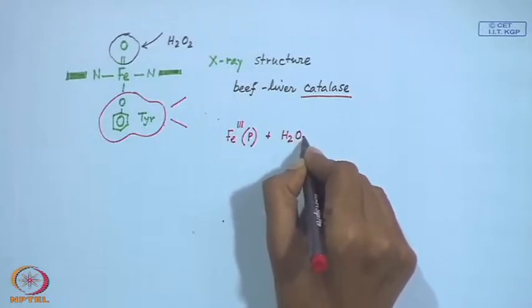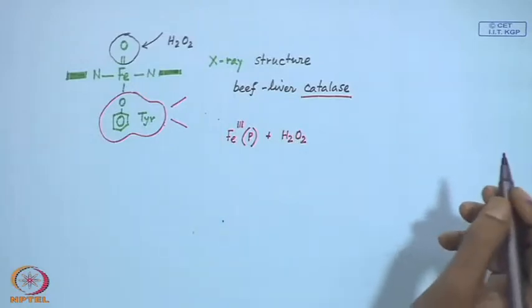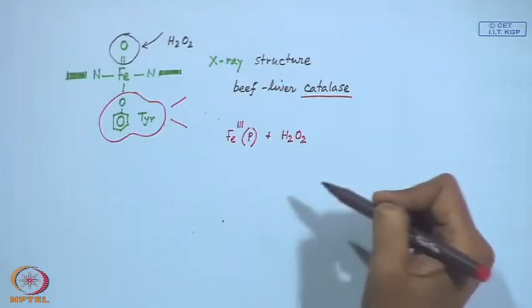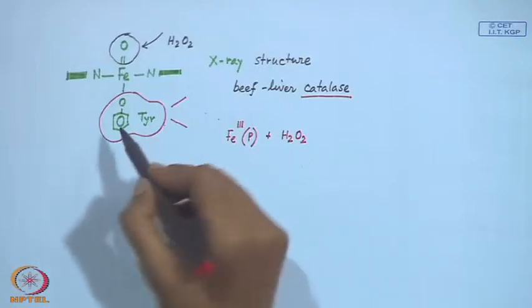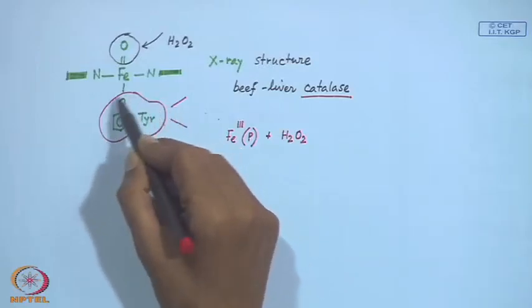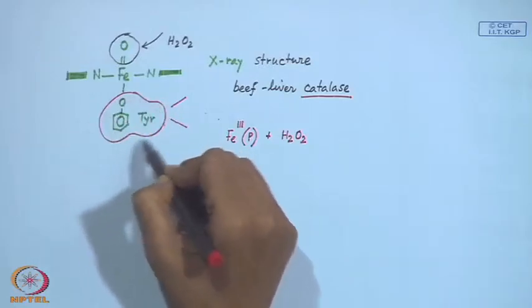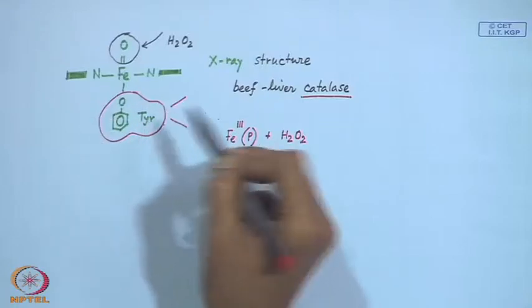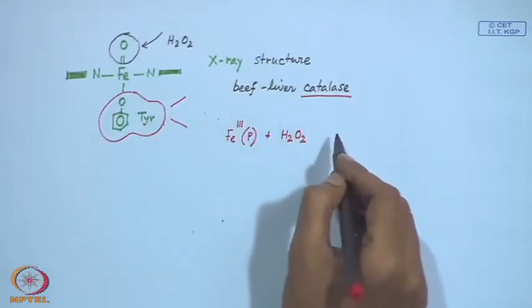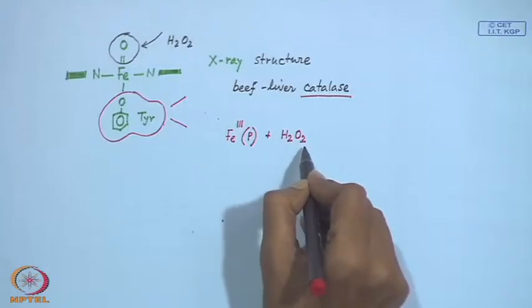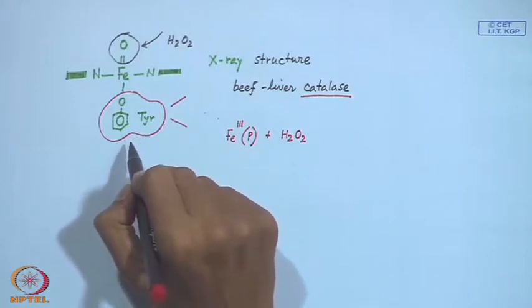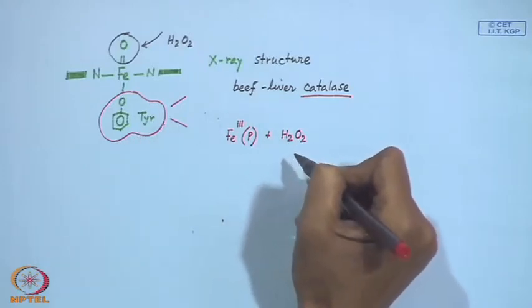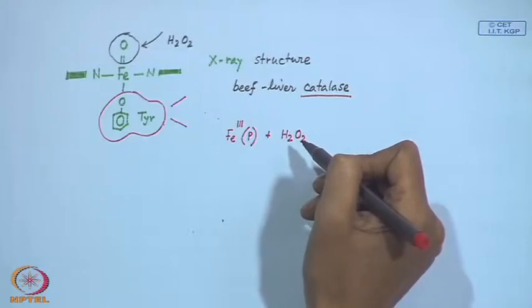Those reactions with simple ferric ion are not so exciting, but when it is attached to porphyrin, and this porphyrin is put inside a protein structure, that means your other position, coordination number 5, is occupied by your tyrosine residue, then it controls the reactivity towards hydrogen peroxide. So, this particular binding will control whether it reacts with hydrogen peroxide for a catalase activity or for a peroxidase activity.